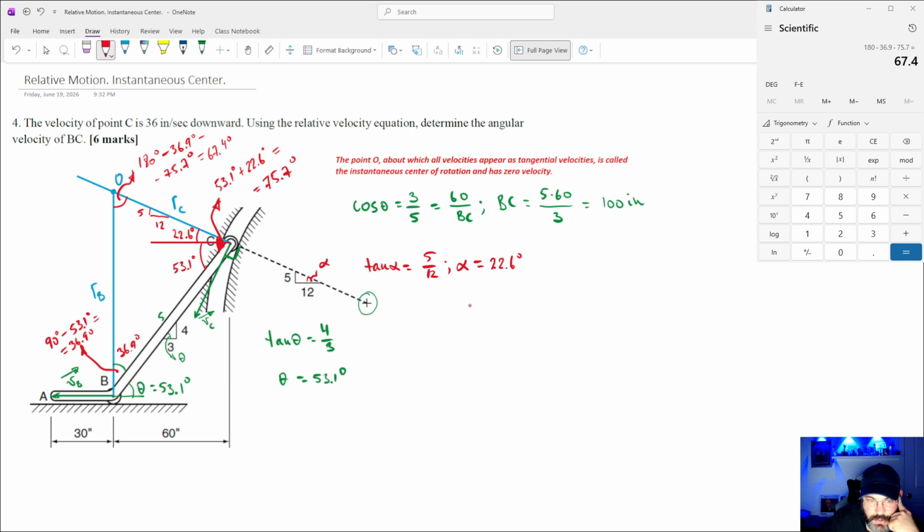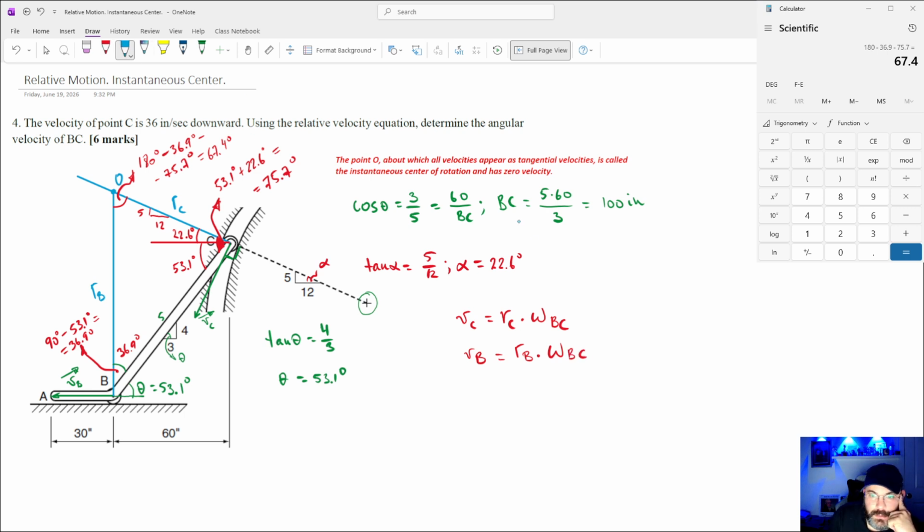By definition, our tangential velocity, for example velocity c, magnitude is equal to radius c multiplied by omega of bc, and velocity of b is equal to radius of b multiplied by omega bc.